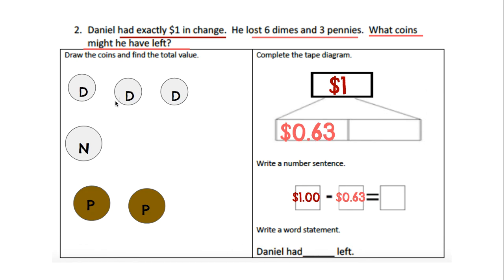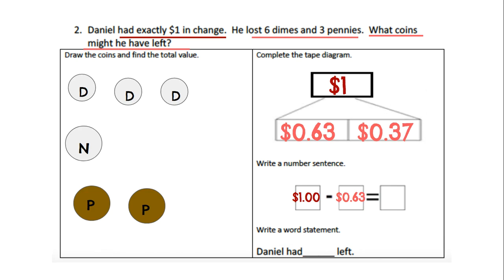Count them up. 10, 20, 30, 35, 36, 37. If your coins total 37 cents, then you are absolutely correct. The missing part, the coins he could have left in his pocket, are the ones I'm showing you at the left or the ones you might have drawn at home. Whatever they are, they should equal 37 cents.